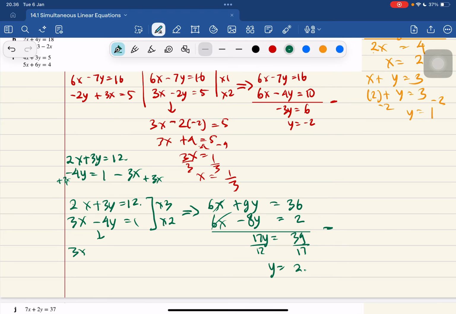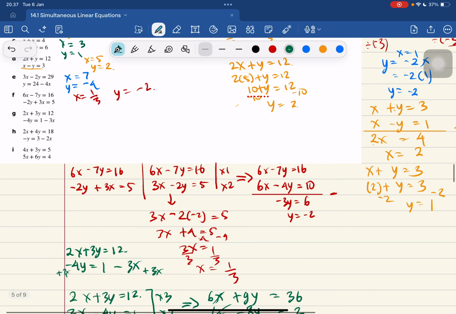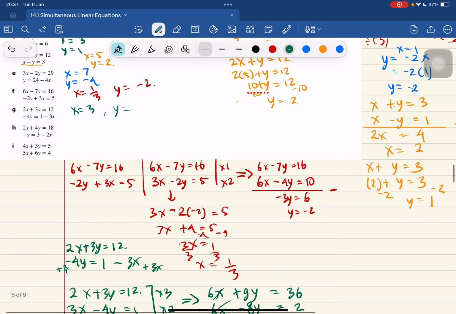So 3x minus 4 times 2 is minus 8 equal to 1. So plus 8 both of sides. So 3x equal to 9, divided by 3 both of sides. So x equal to 3. Okay, here x equal to 3 and y equal to 2.